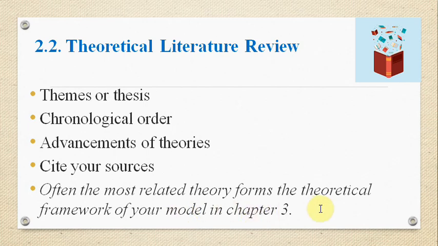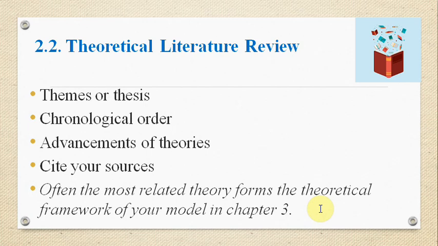So after discussing it in details, in the first part of chapter 3, you lift up that theory and refer to it again. And then try to sieve out the variables that it throws up as it relates to your model, before you start expanding that model for your analysis.